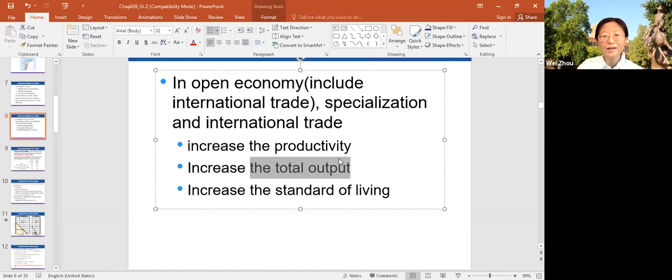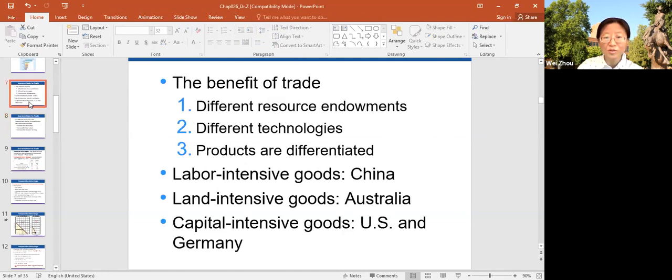Without any political concern, international trade does the following things. It differentiates the resources. For example, in China we have labor intensive, so many people. That's why Apple and a lot of big companies outsource their labor intensive manufacturing in China. And inland Australia has very large land, so they can raise cattle.